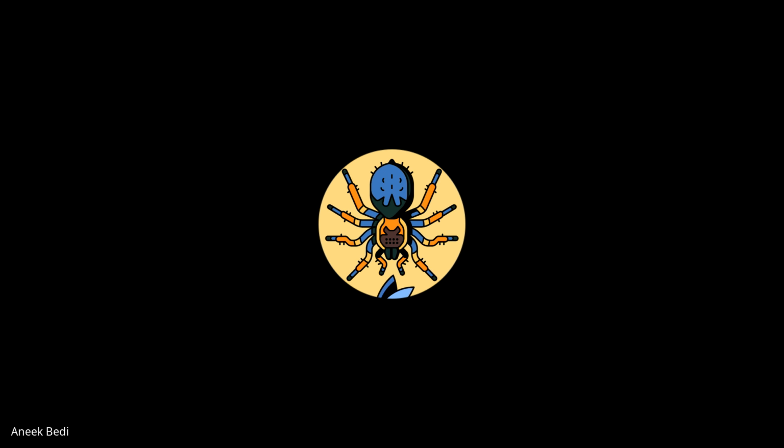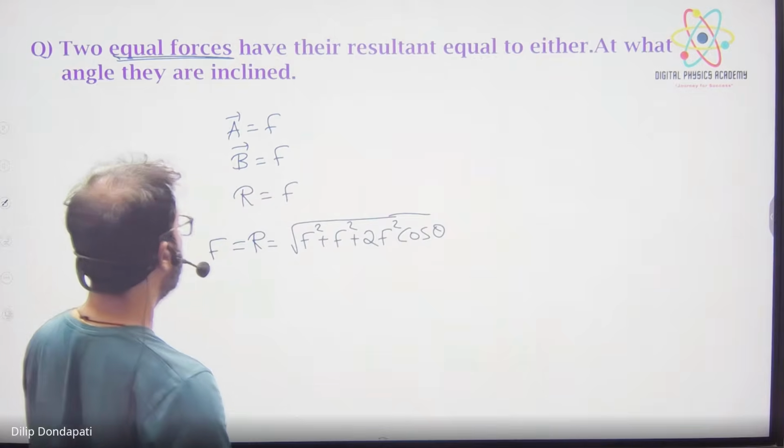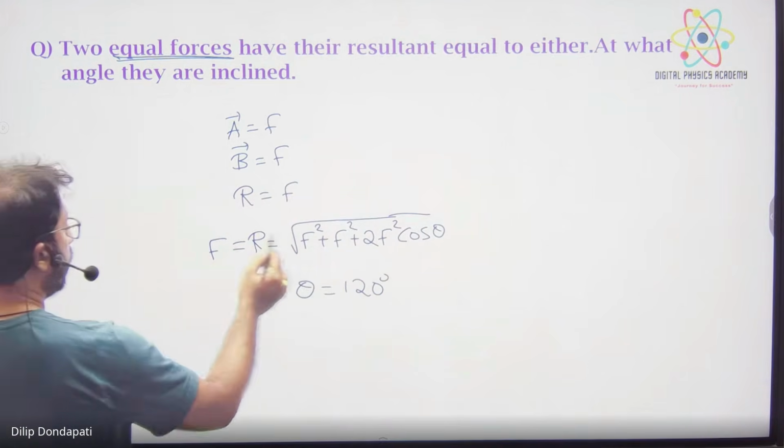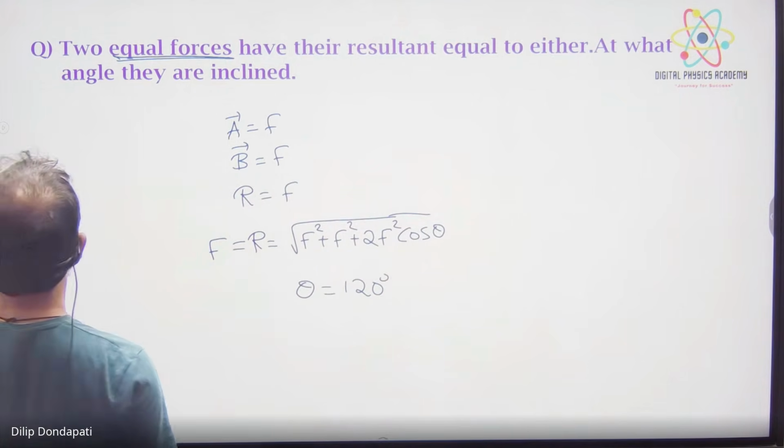So theta equal to 120 degrees. Squaring both sides, the root goes away, solve F square, and we'll get the answer.